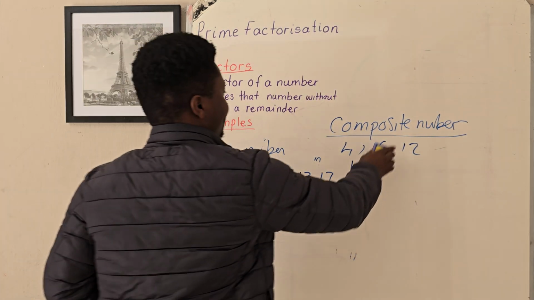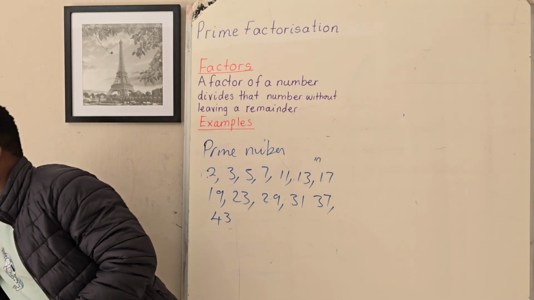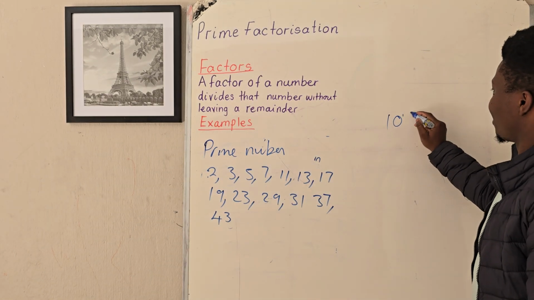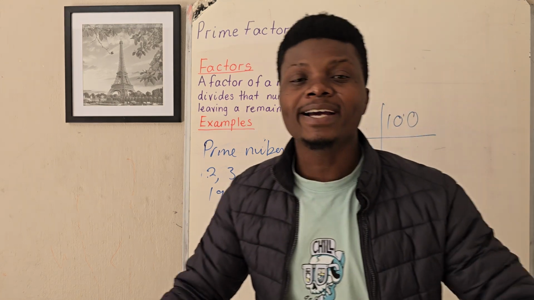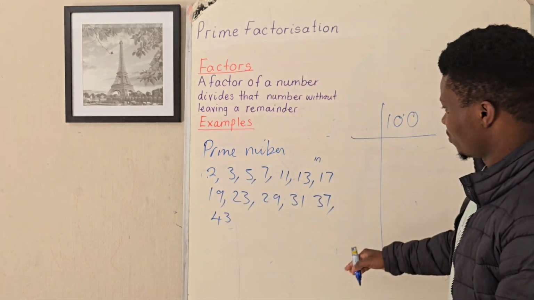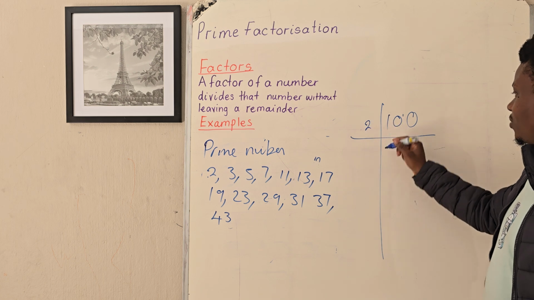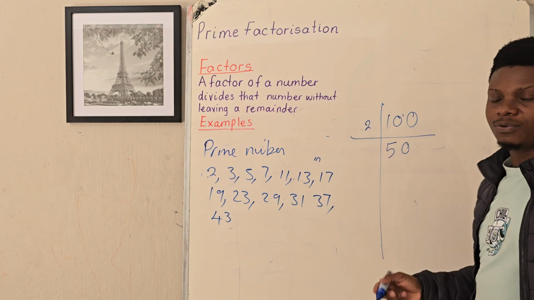Let's say I give you a big composite number, 100. How can you write 100 using prime numbers? We're going to divide the composite number by the smallest prime numbers that we have. My smallest prime number, 2, can divide 100. 2 into 100 is 50.